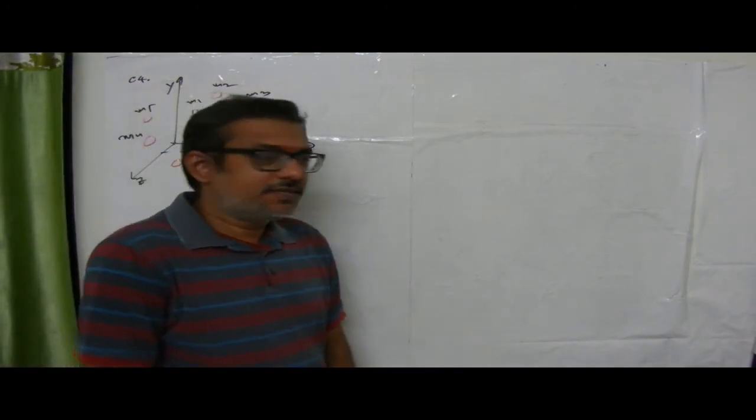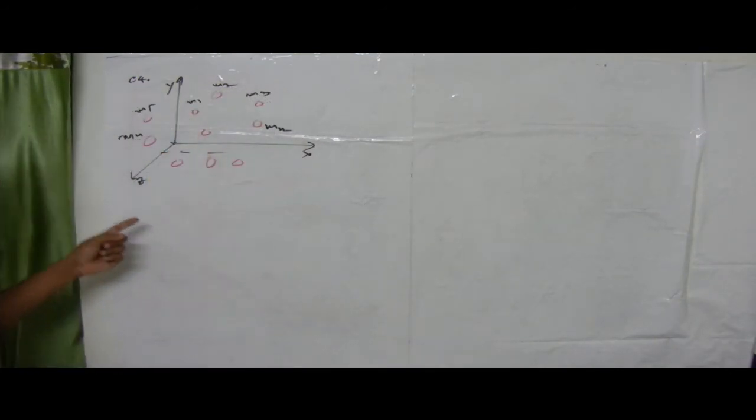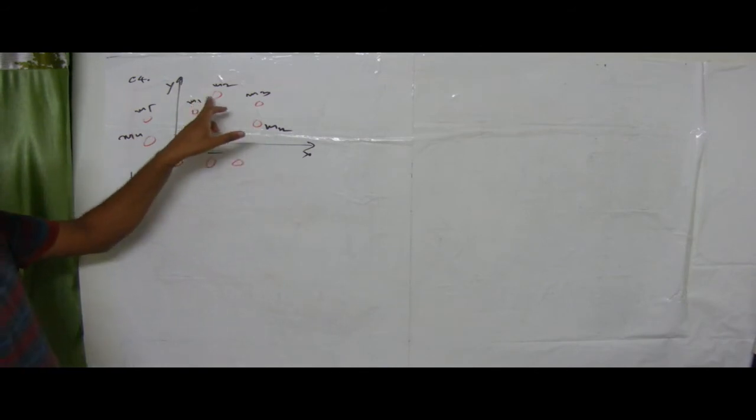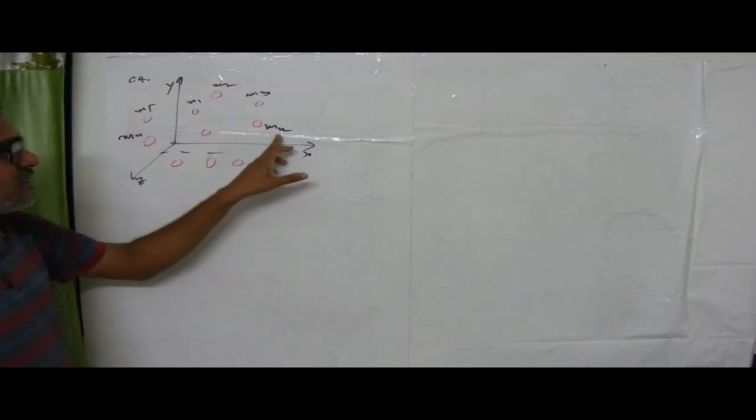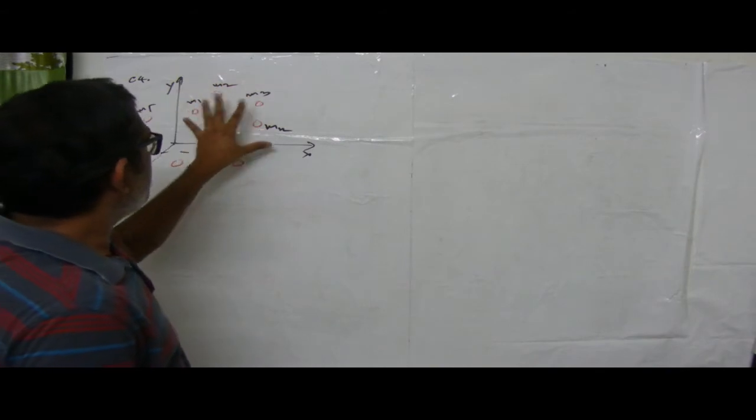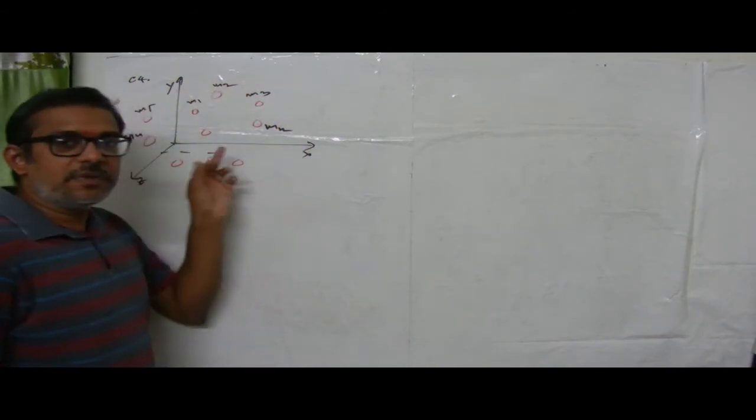Now, the last case, let us see. In the given problem, let there be n number of masses m1, m2, m3, m4, m5, up to mn, located in three-dimensional space.